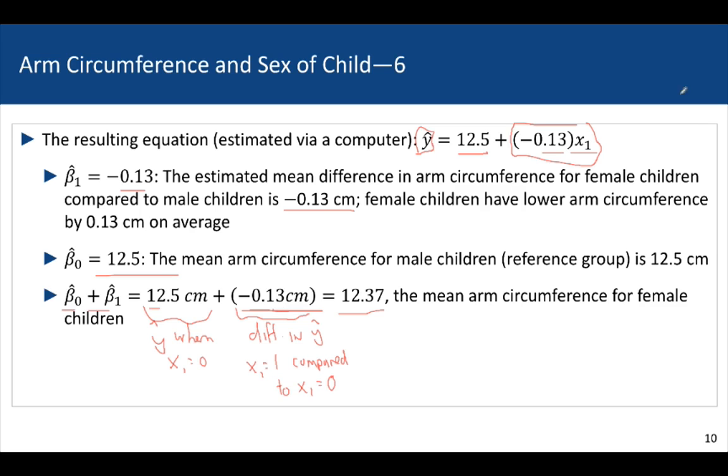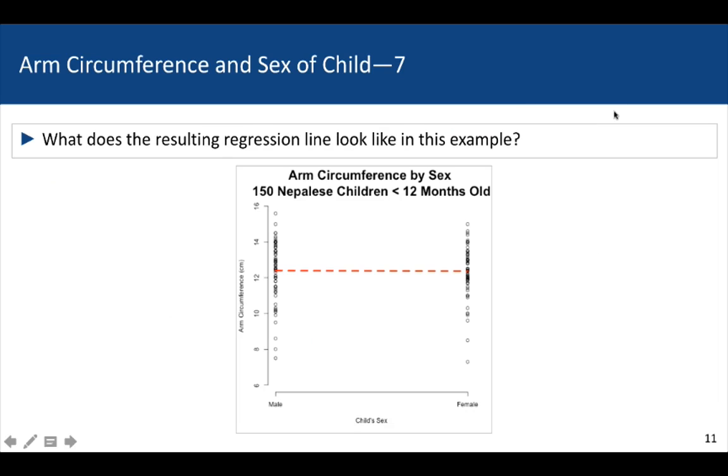So again, this is a fancy linear equation in which we're only estimating ultimately two values, a mean for males and a mean for females. But it is a line. We only need 2 points to get a line. So what does the resulting regression line look like in this sample?